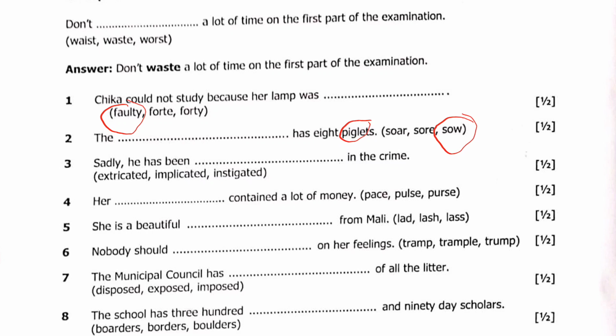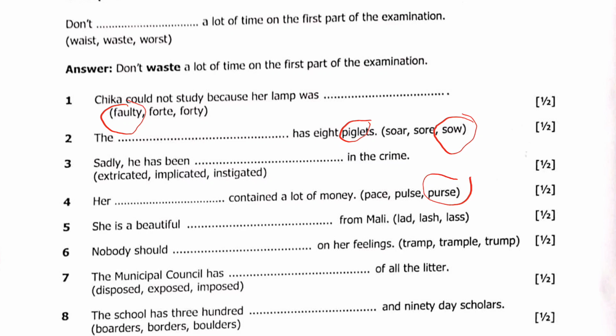Let's go to number 4. Her dash contained a lot of money. Her purse. The answer is the third one, which is purse, P-U-R-S-E. Number 5. She is a beautiful dash from Mali.